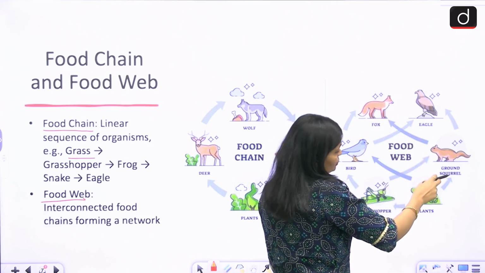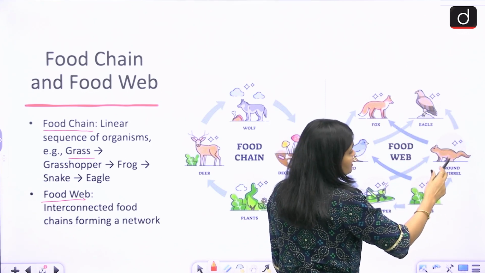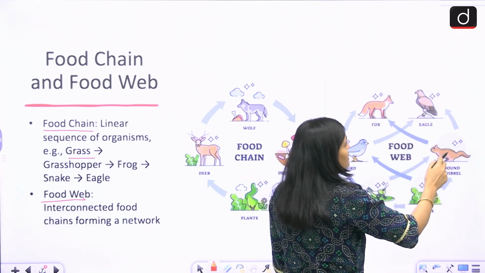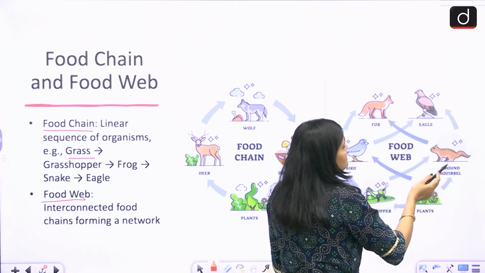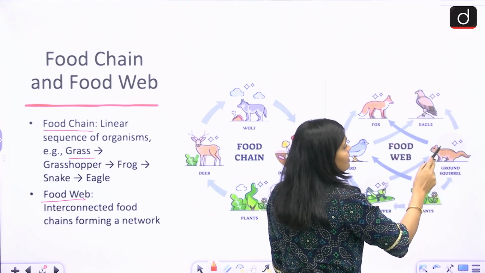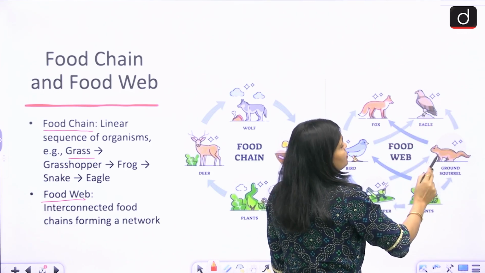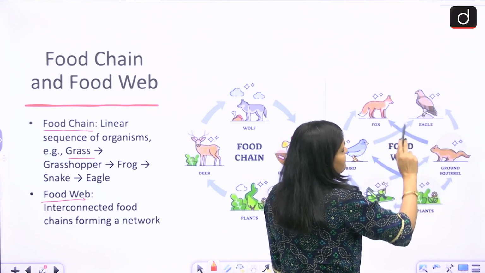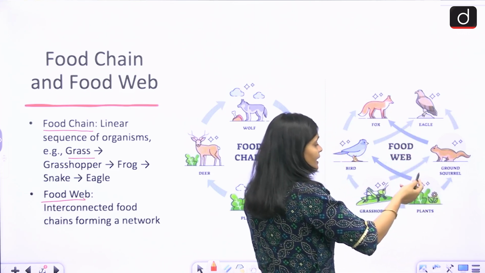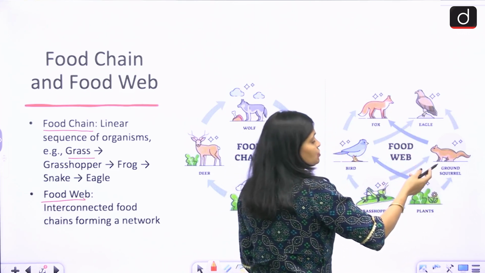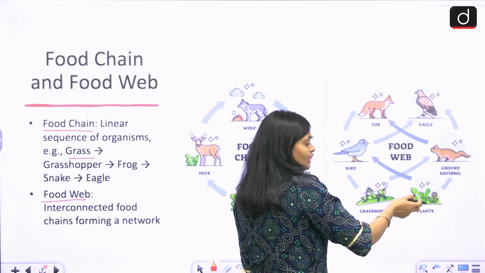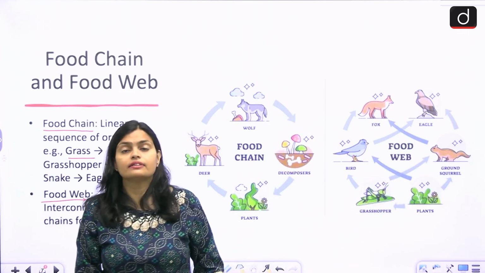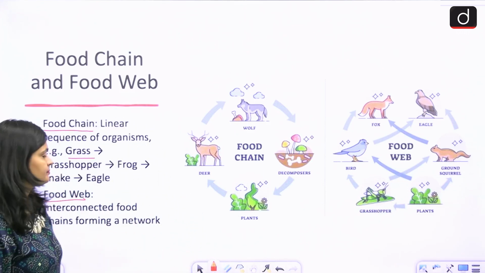Also we have a squirrel, this plant eaten by the squirrel, and this squirrel is also eaten by the bird and by the fox. Now the bird is eaten by both the fox and the eagle. Again the grasshopper is eaten by the squirrel also. So they all are interconnected with each other.